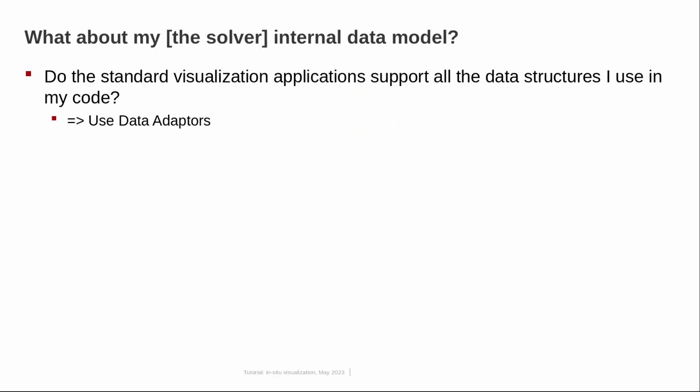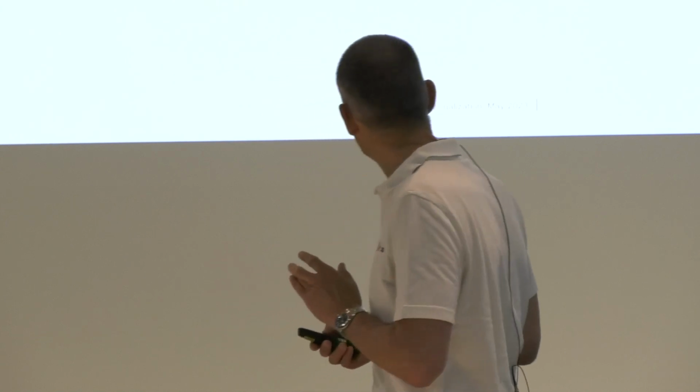Now, I've mentioned this briefly. Each one of you in your simulation code will have a particular internal organization of data. Okay, that's your data model. Perhaps you are familiar with the name structures of arrays and the opposite, which is arrays of structures.